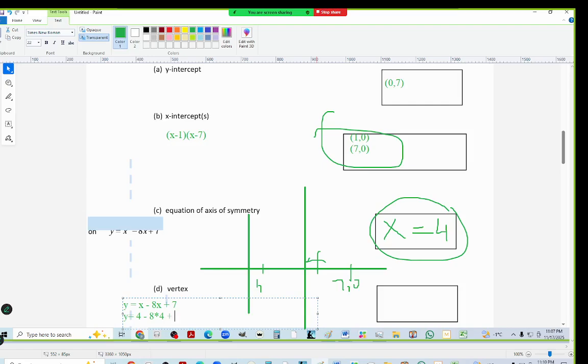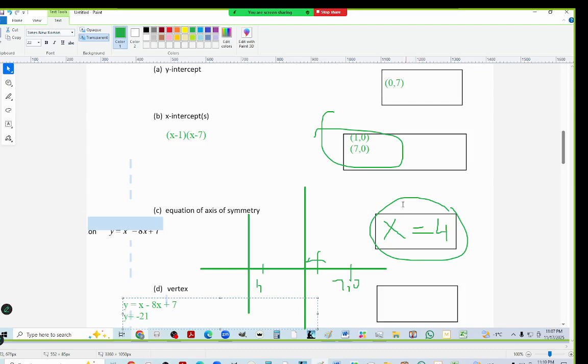Yeah, minus 8 times 4, I'm just going to let you off the hook, is minus 32. If we do all this together, 4 plus 7 is 11. 11 minus 32 is minus 21. I think that's it. Hang on. 4 minus 32 is minus 28 plus 7 is minus 21, yeah.